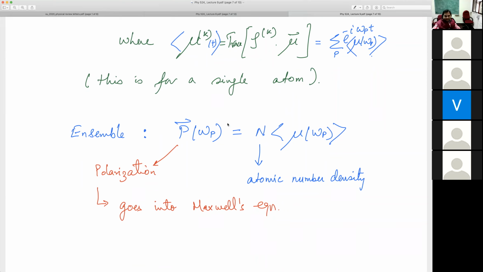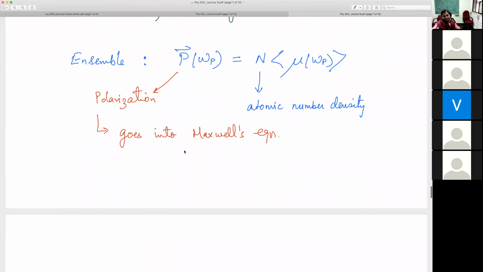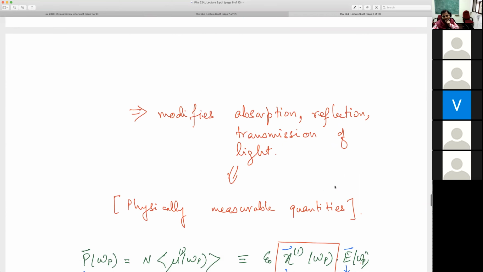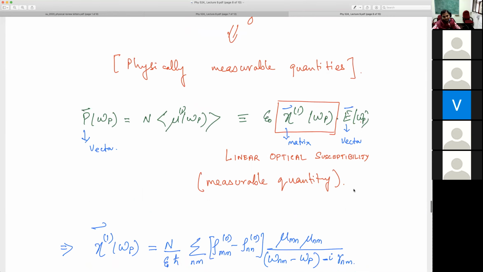This is in frequency space, so the Fourier transform of the actual time-dependent polarization is defined as n times mu(omega_p). This polarization goes into Maxwell's equations. It will modify the absorption, reflection, and transmission of light, which we can measure. So that's where the physically measurable quantities come in.